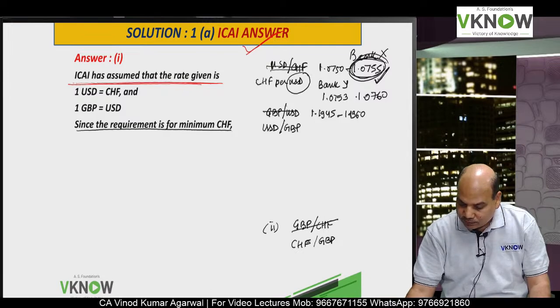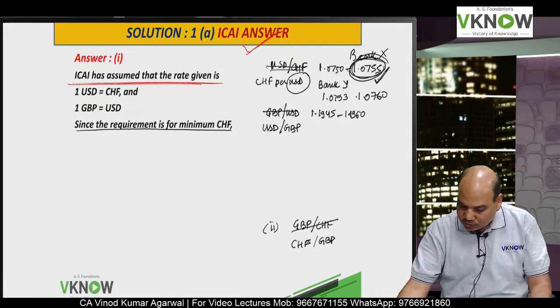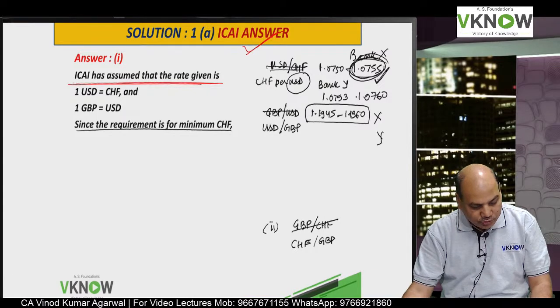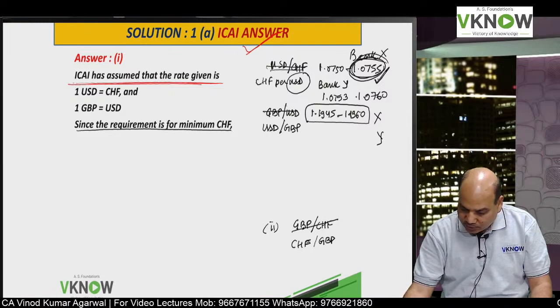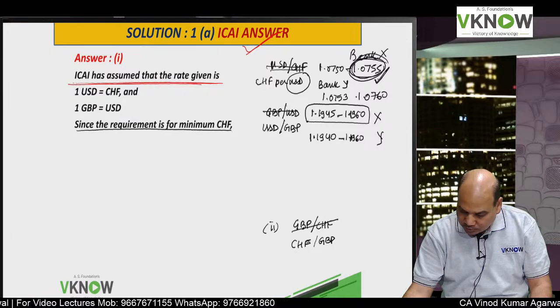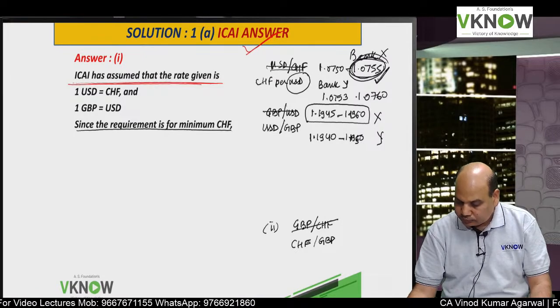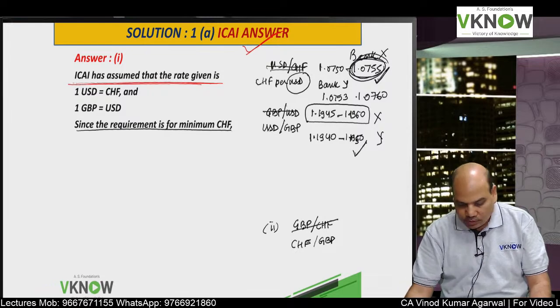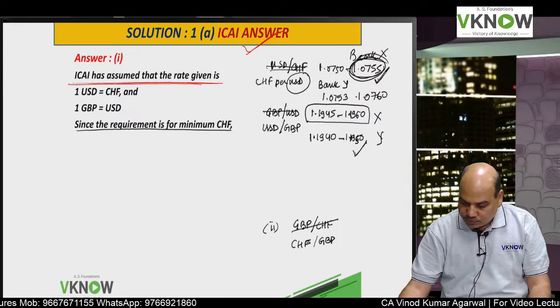1.0755 tick mark. Okay. Now this is the rate for GBP given by bank X, and the rate for GBP given by bank Y is 1.1940, 1.1960, sorry, 1.1950. So which is cheaper? 1.1950 is cheaper.